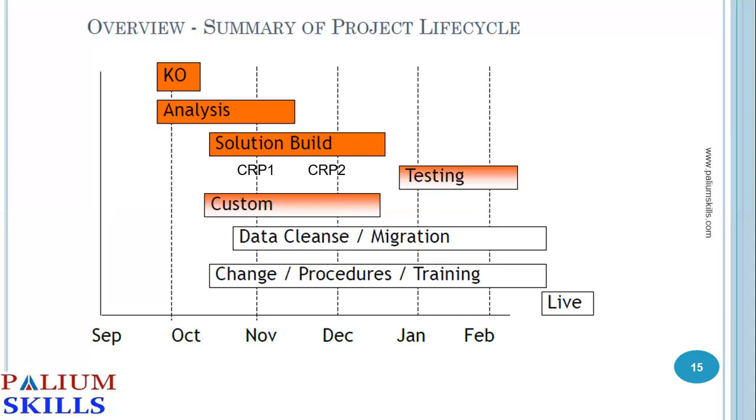And data cleansing and migration is a very, very important and time-taking activity during any implementation. Data migration means the existing data has to be migrated into the new application.